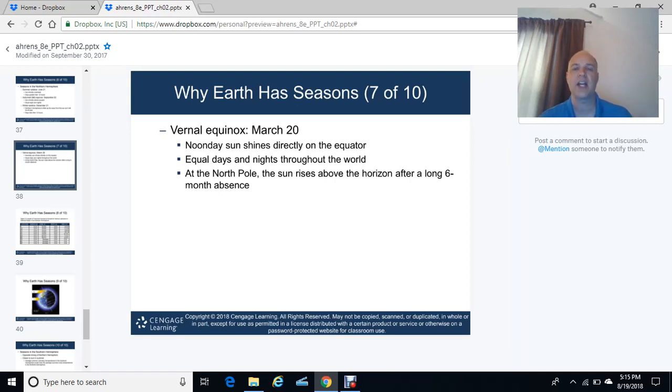The sun finally comes above the horizon. That's March 20th. And it will stay above the horizon all the way through to the autumnal equinox. So it's really cool. 6 months a day and 6 months a night generally occur at the polar areas of the Earth.